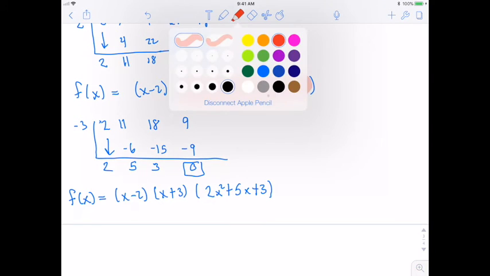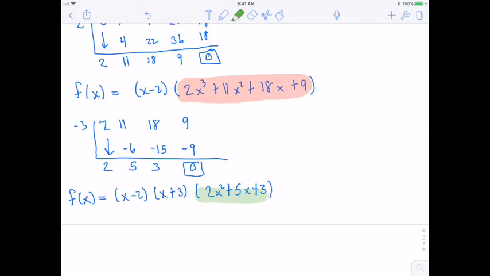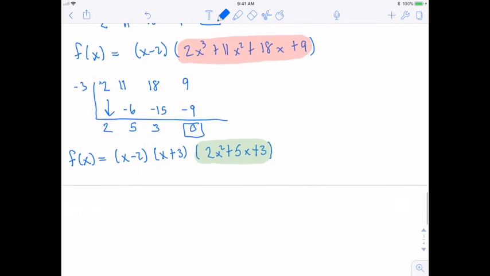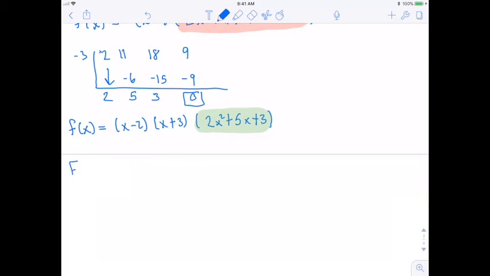And for our last step here, all we need to do is factor our quadratic, but we don't need any fancy division to do this. We can factor this on our own. So last step, factor 2x squared plus 5x plus 3.